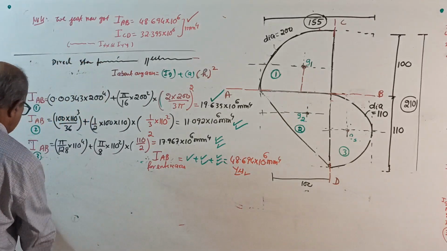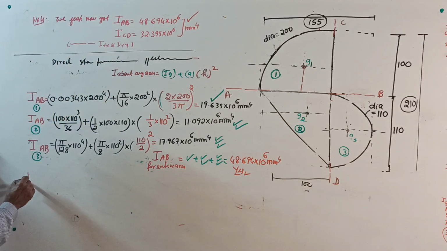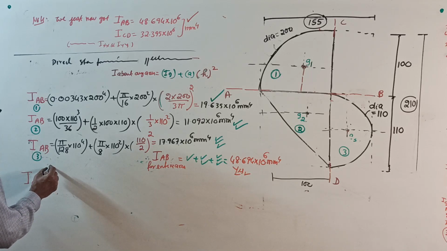Now, same way, similarly, I about CD. Now, I will do one thing. I will not do part by part. Single stretch I will do it now to save the time. See, one single stretch. Start.